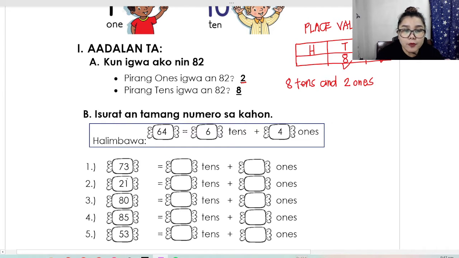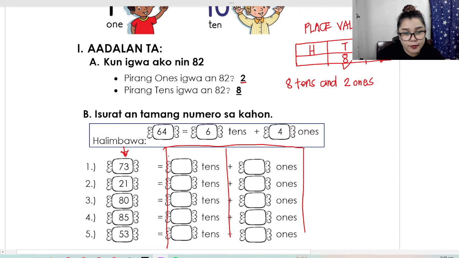So, Part B, isulat ang tamang numero sa kahon. There are numbers given here: 73, 21, 80, 85, 53. What you have to do is separate the ones and the tens. Parang itong place value chart, lagyan ka na ng guhit.